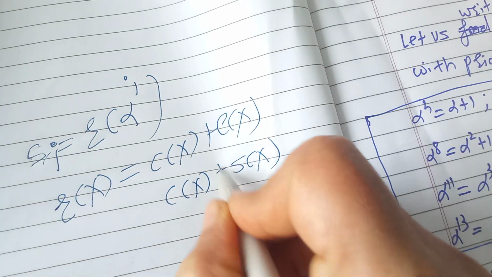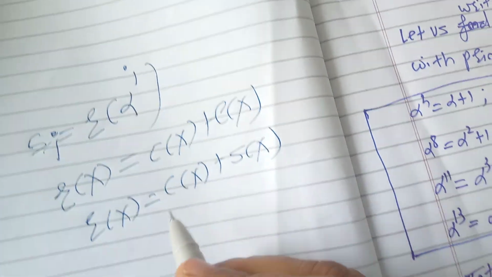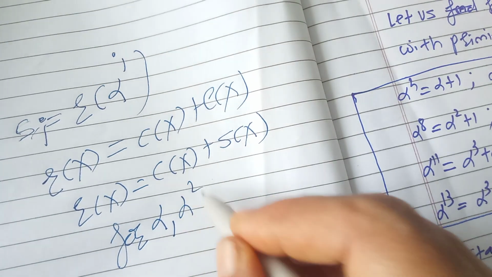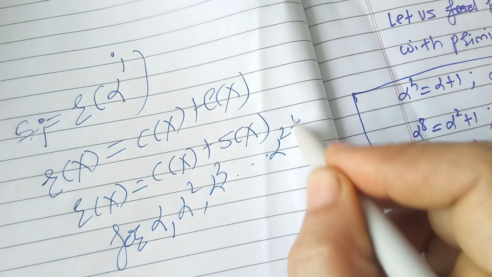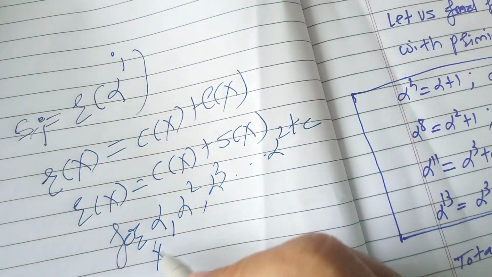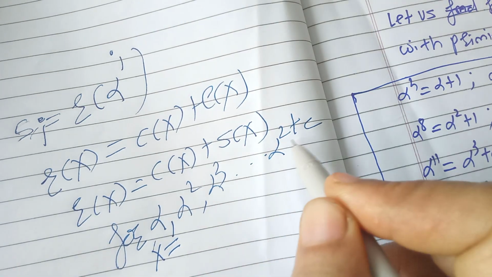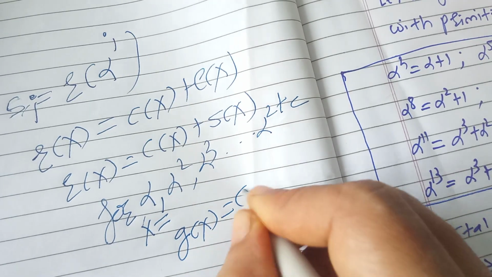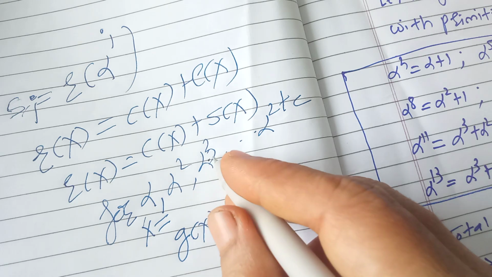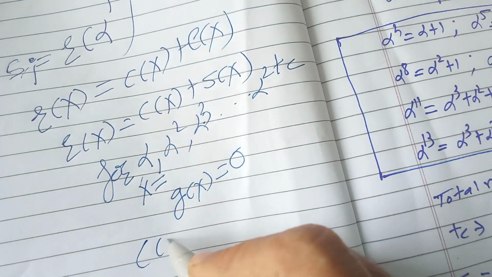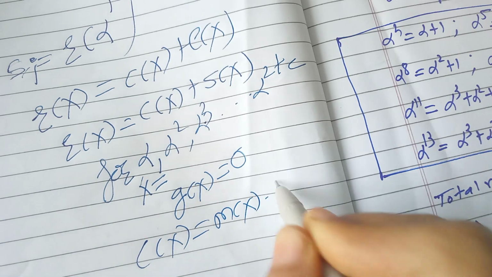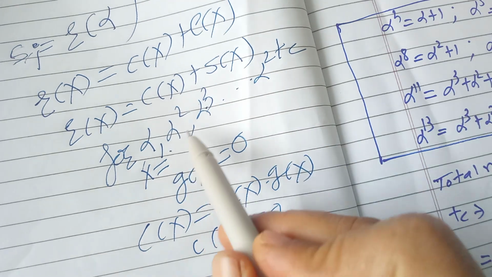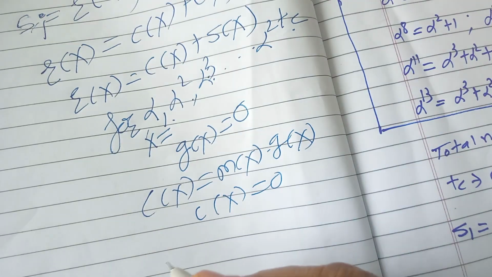This is the corrected code word, and this is the received code word. Now for x equal to alpha, alpha square, alpha cube, up to alpha raised to 2tc, G(x) is equal to 0, because these are the roots of the generator polynomial of the BCH code. Now C(x) is equal to M(x) into G(x). So C(x) is equal to 0 for alpha, alpha square, alpha cube, up to alpha raised to 2tc.